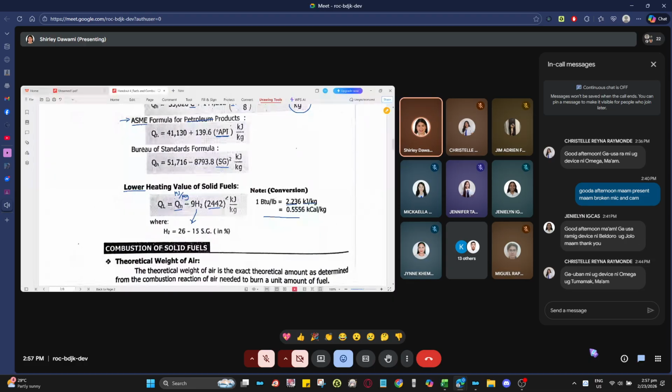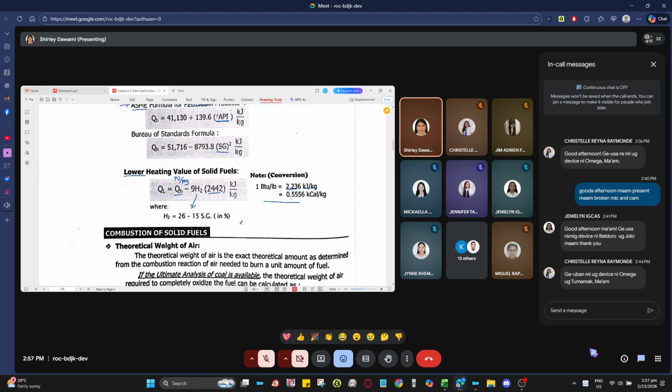Pwede pod balihon, no, ang 2442 ang inyong kuhaon kung pila ang value ana para magamit ninyo ang BTU per pound. Okay, so H2 is equal to 26 minus 15 times the SG. Okay.